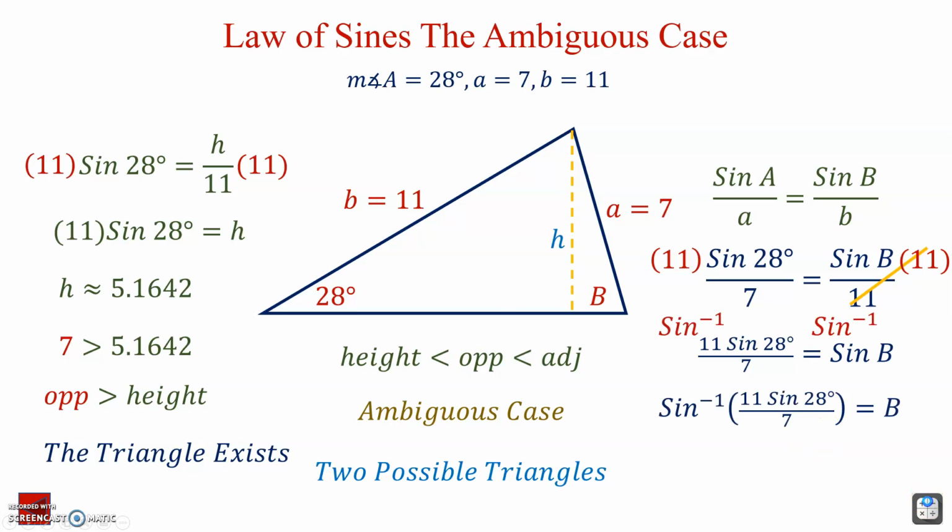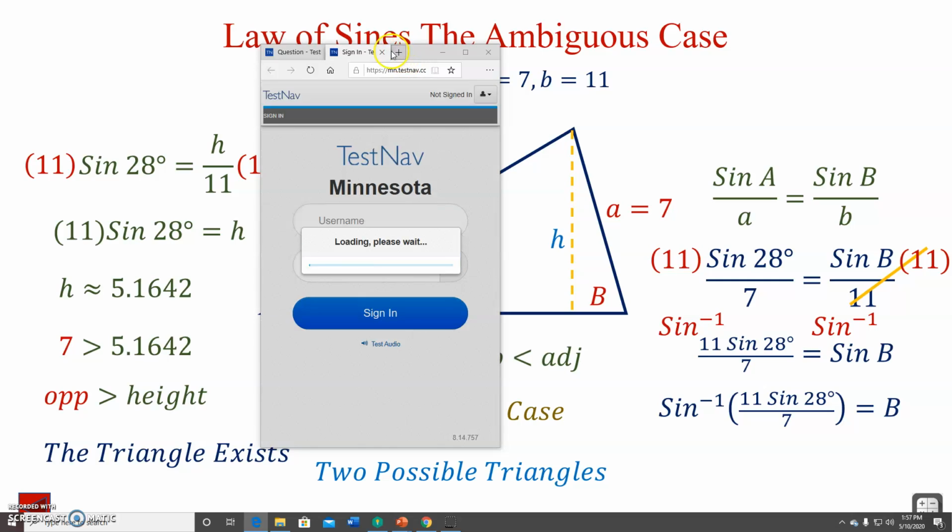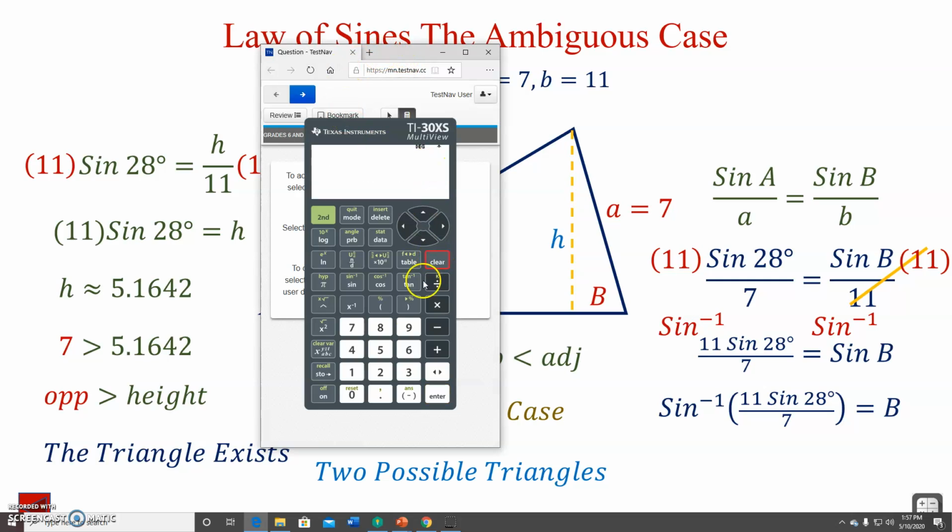So this is what goes into the calculator: inverse sine of the fraction, 11 sine 28 all over 7. We get about 47 degrees, so 47.5.